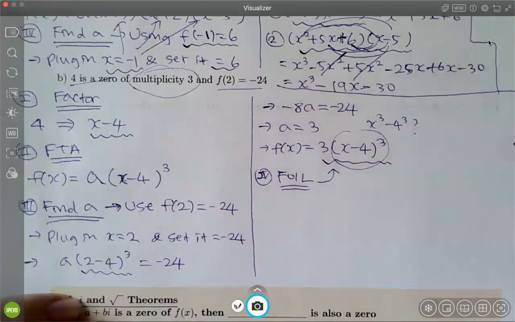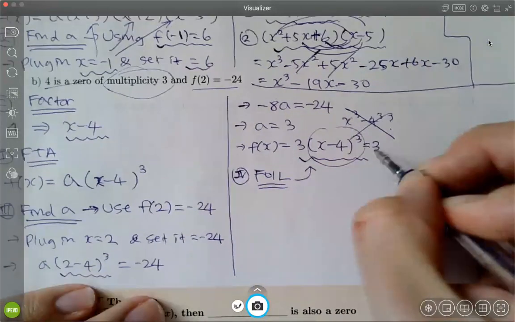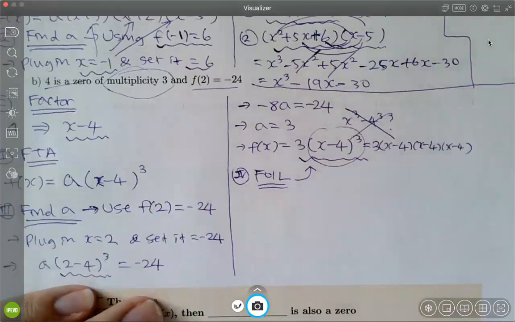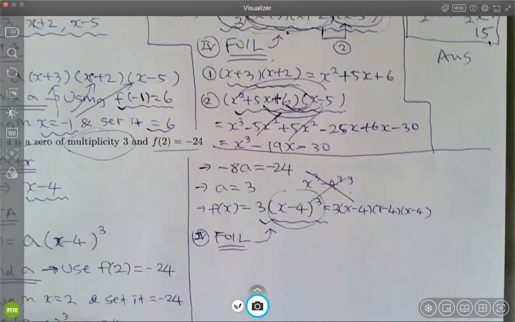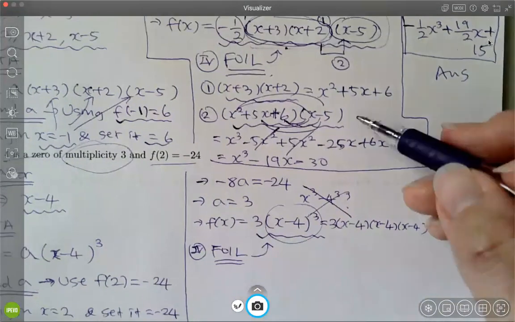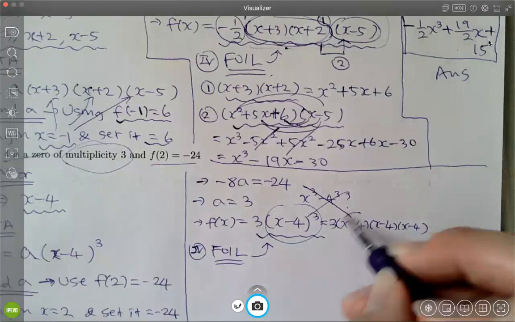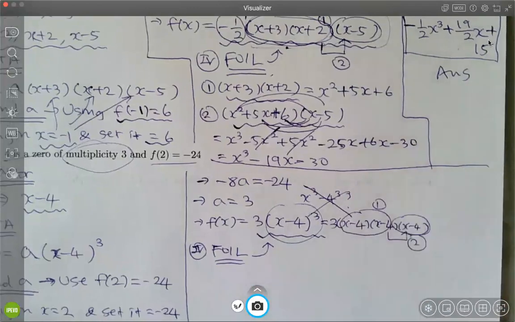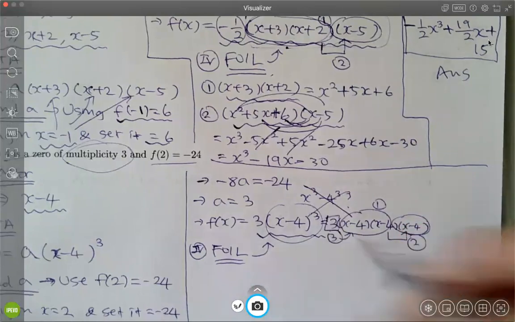No, right? Okay, so how do you FOIL this? First you write this as (x minus 4)(x minus 4)(x minus 4), right? You have to write it out. And then you basically do what we have done before, which is this one first, and this one next, and then that one is the last step, right?